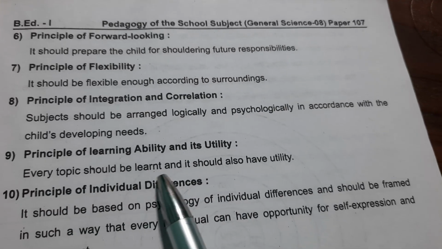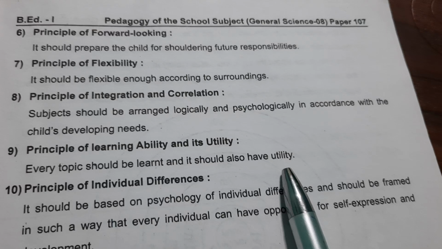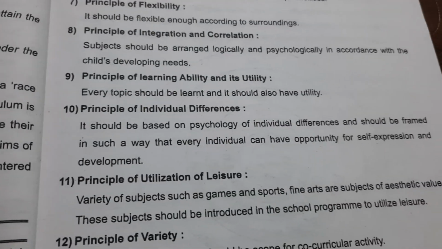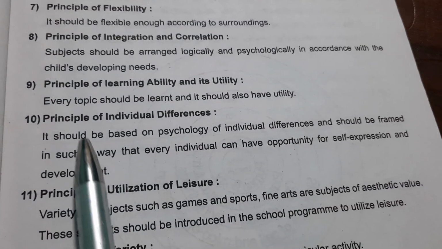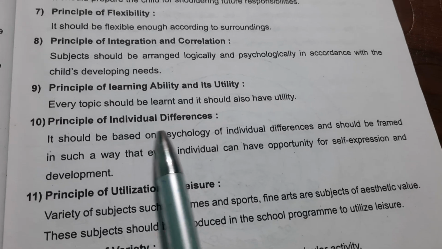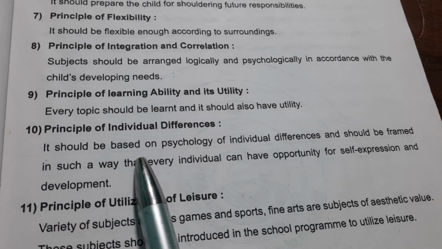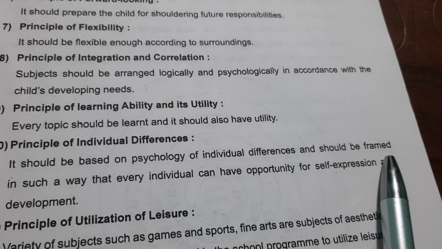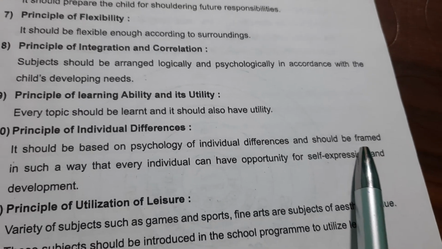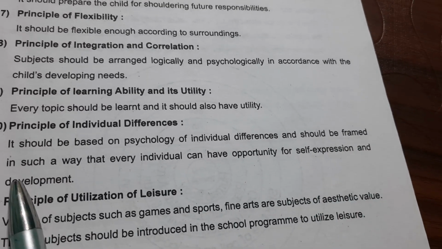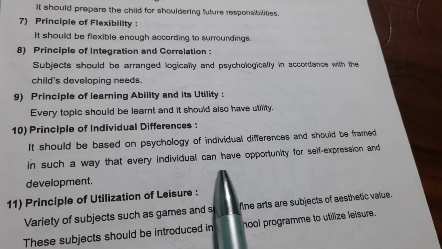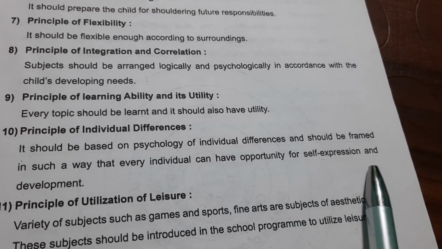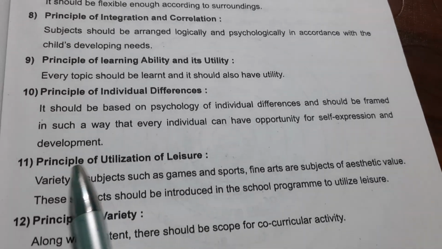Every topic should be learnable and it should also have utility. So next we have the principle of individual difference. It should be based on the psychology of individual difference. It should be framed in such a way that every individual can have opportunity for self-expression and development.